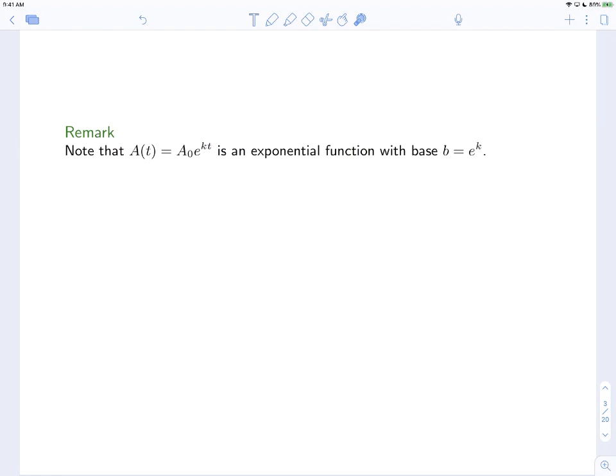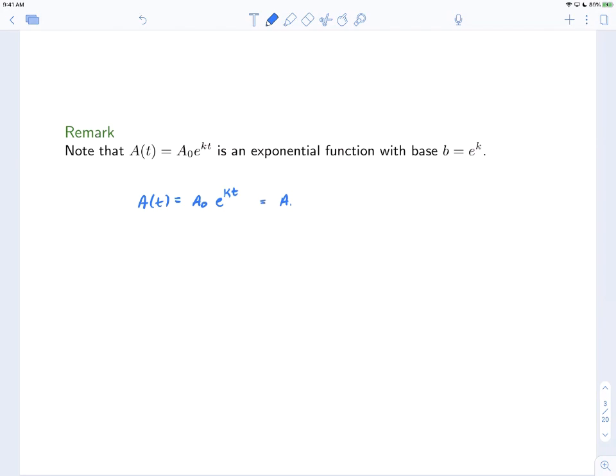Let's remark that A(t), defined in this way, A₀ e^(kt), is an exponential function with base b = e^k. And we can see that if we just write it out. A(t) is equal to A₀ e^(kt), just rewriting the function.